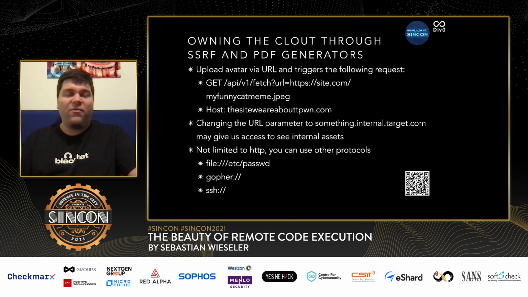So for example, if you have an endpoint which just says fetch and an argument being given as URL, you can try to rewrite those URLs and pivot further into the internal network, or target who's outside, and make the web application actually fetch those URLs. Right. And then again, you're not limited to URLs and websites. You can also target files on the local system, or Gopher, or SSH even.